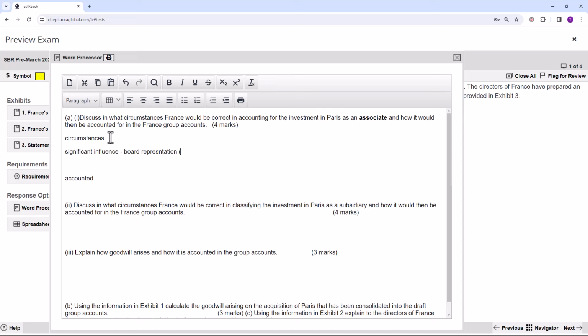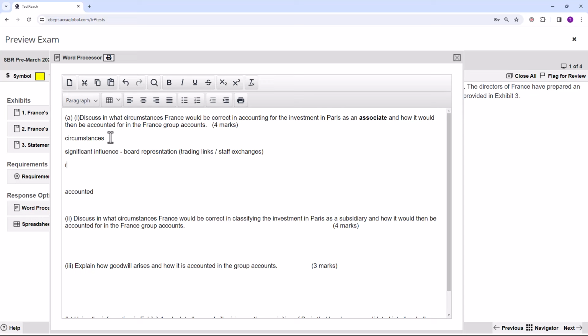If you want to elaborate it slightly, you can talk about trading links and staff exchanges, but you've got to be careful that you don't spend too much time. Now, there is a rebuttable assumption that you have an associate status if you have more than 20%, but less than 50%. I would encourage you to write in proper sentences.